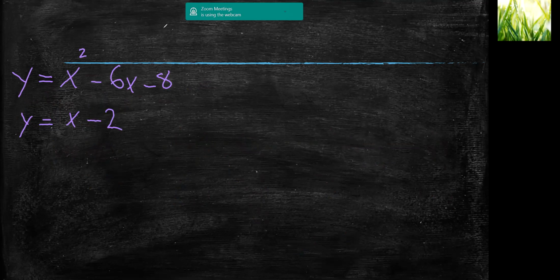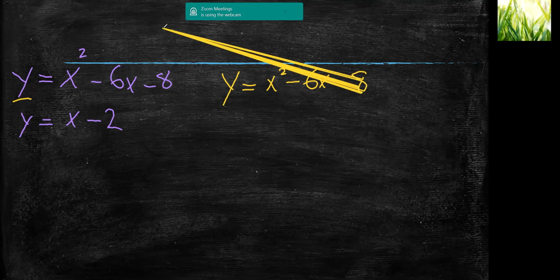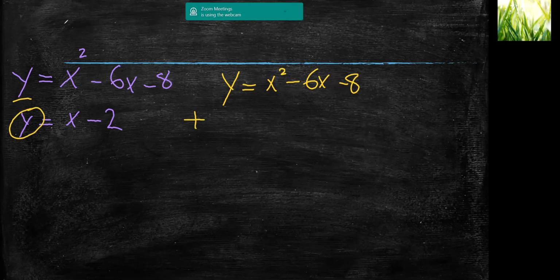What we have to do? The first step, keep the first one. Let's subtract them. That means keep the first one as it is, then put plus, change the minus to be plus, and then change the sign of each term.